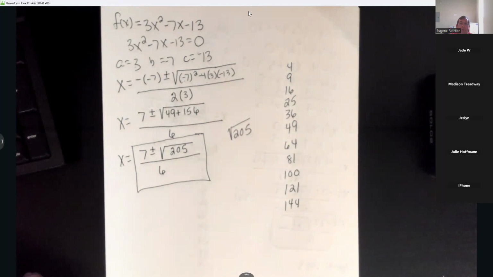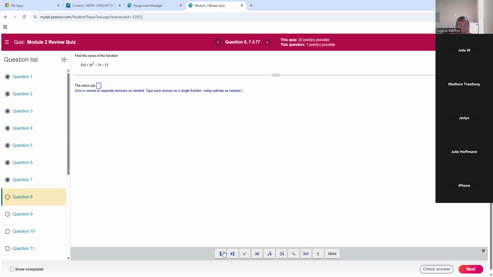All right, y'all, so I would go put that in. So fraction, I had a 7 plus or minus a square root of 205. And then on bottom, we had a 6.